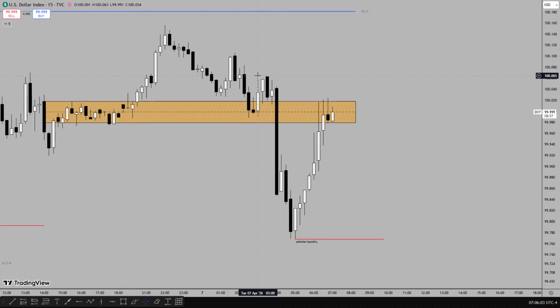I actually will be waiting for a 1 hour confirmation and price trading lower before going in looking for those sells. So if there's going to be a run on the high, trading above the swing high, I wouldn't be looking for any sell. But as long as price is still within the price range of the breaker's block and the 15 minute order block, I will be anticipating lower prices.